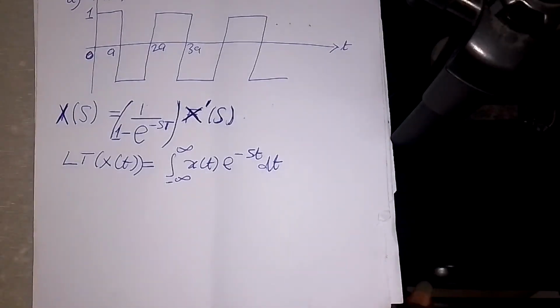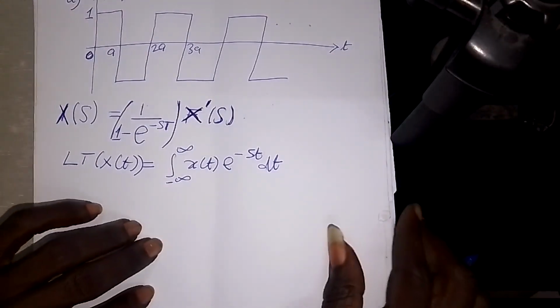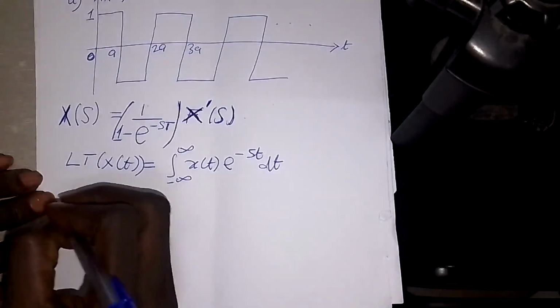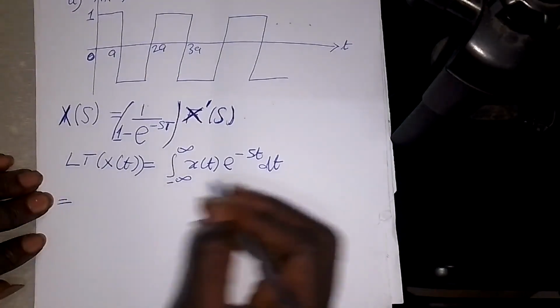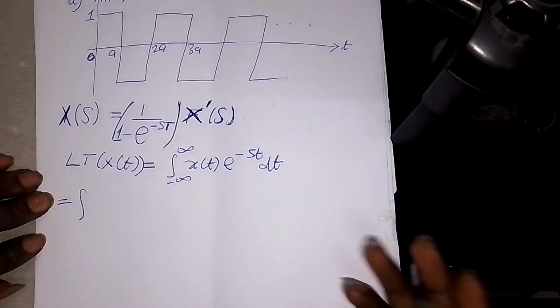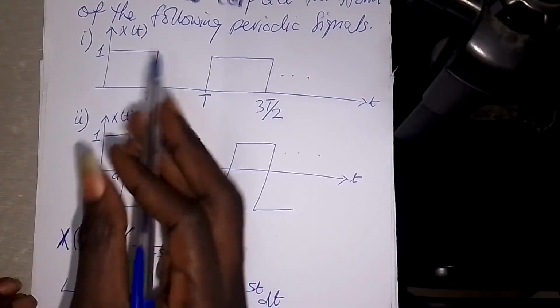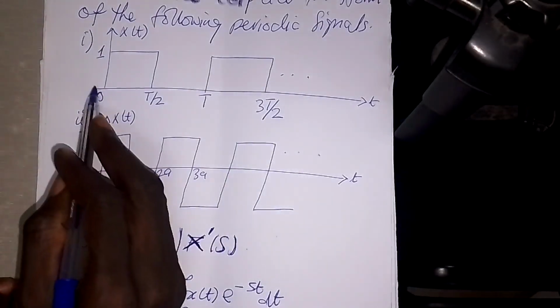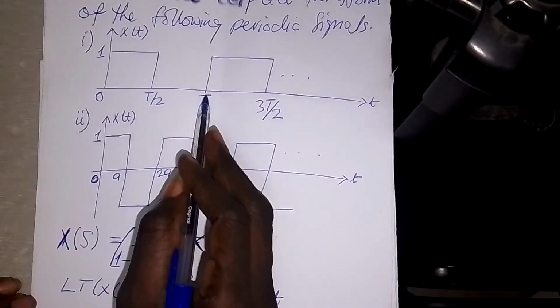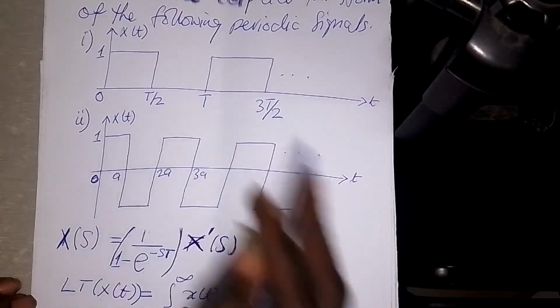That is my first equation. Now what is my period? My period is from 0 to T.